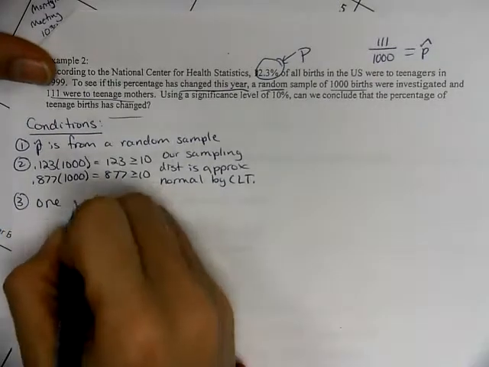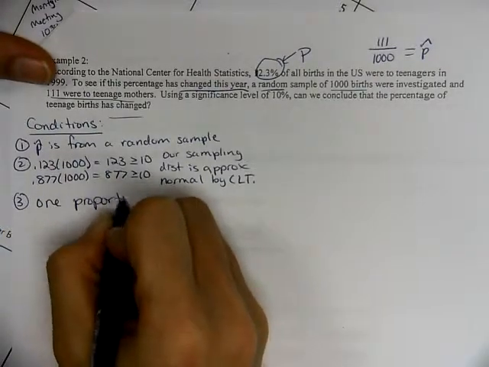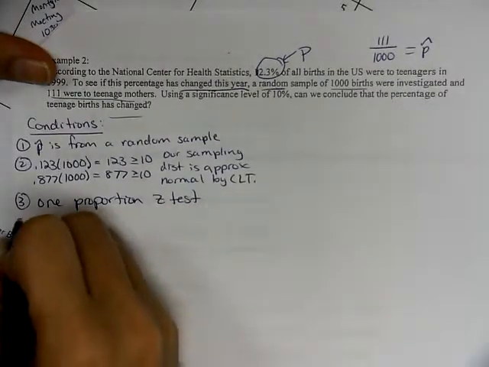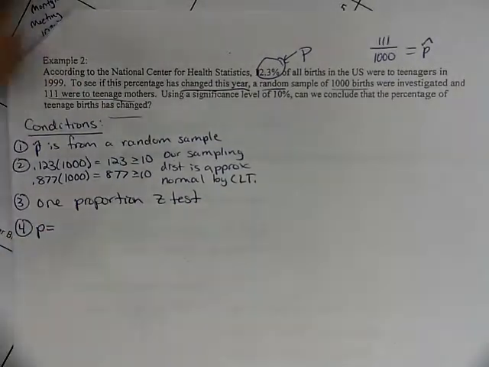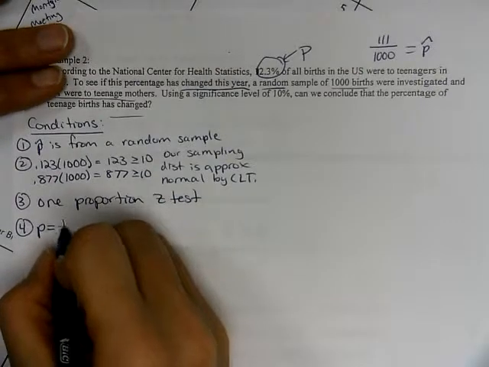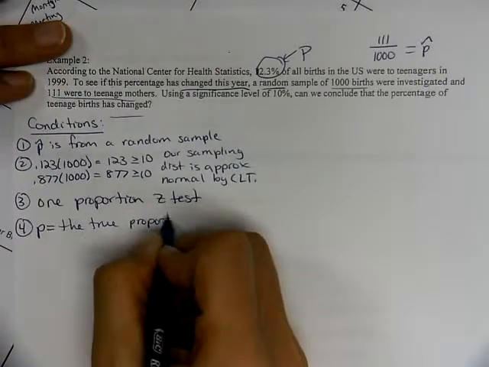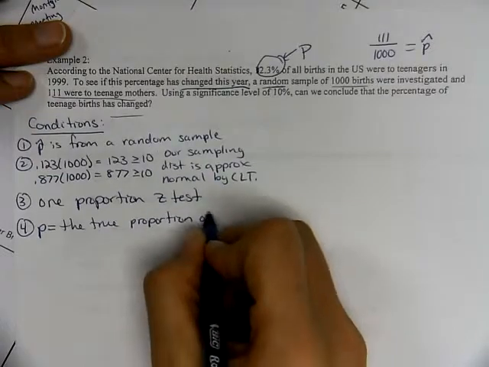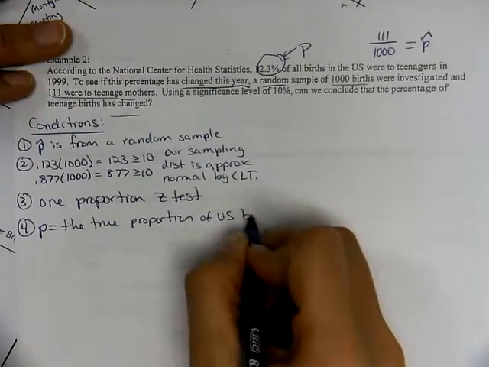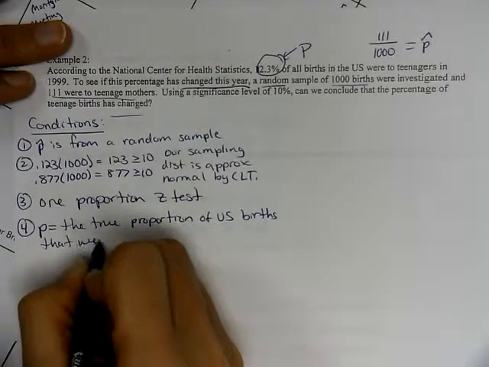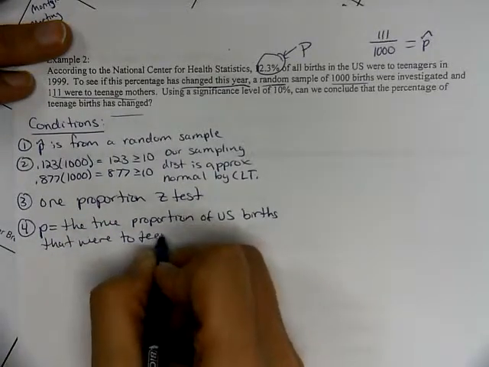Our only test is a 1 proportion z-test, and then p is the true proportion of U.S. births that were to teenagers.